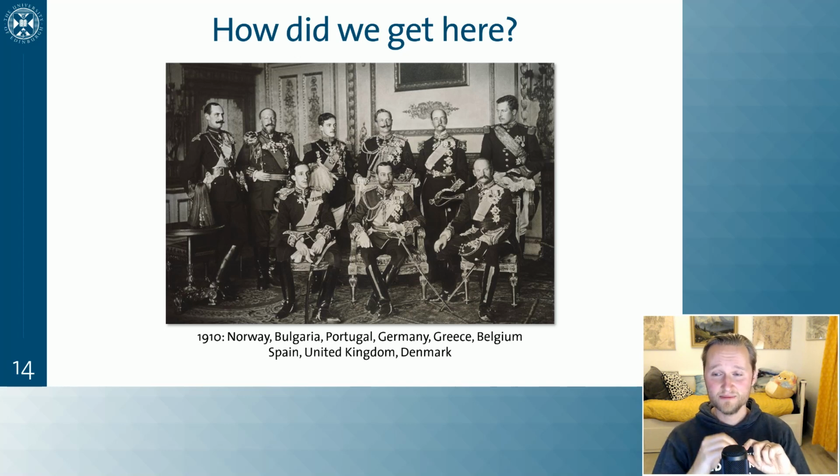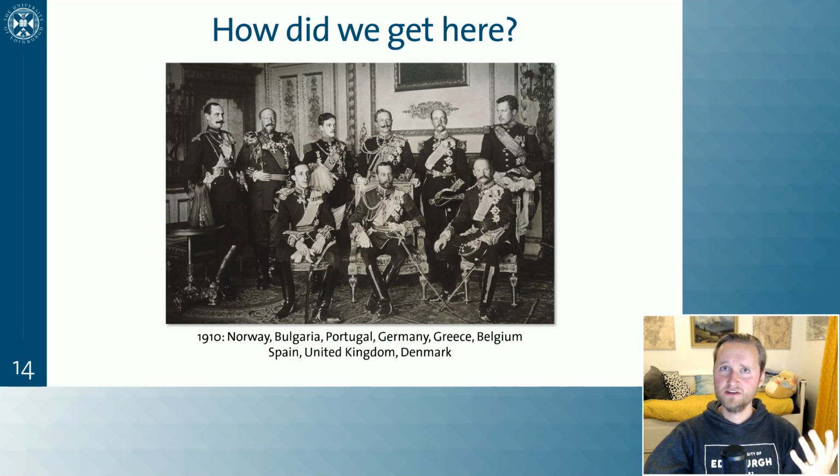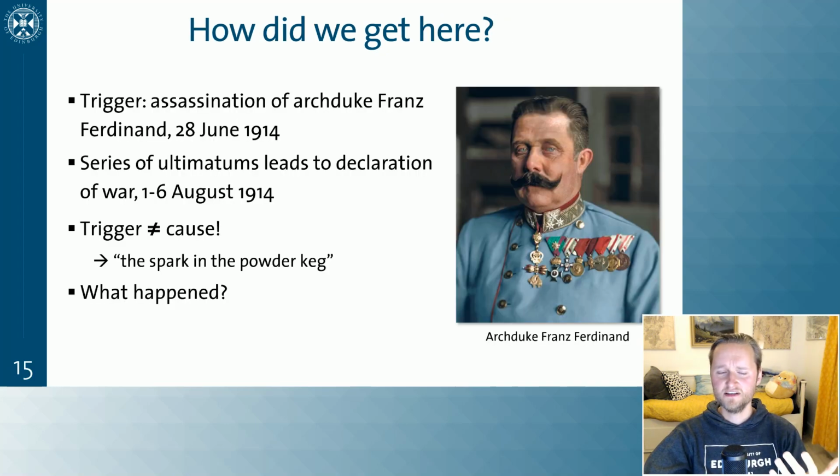So, for example, the German emperor was, of course, closely related to the British king that you see here in the bottom row. So, how did we get here then? If not only did we have the Council of Europe and the Congress, but also Europe maybe even being linked in terms of their royal houses.